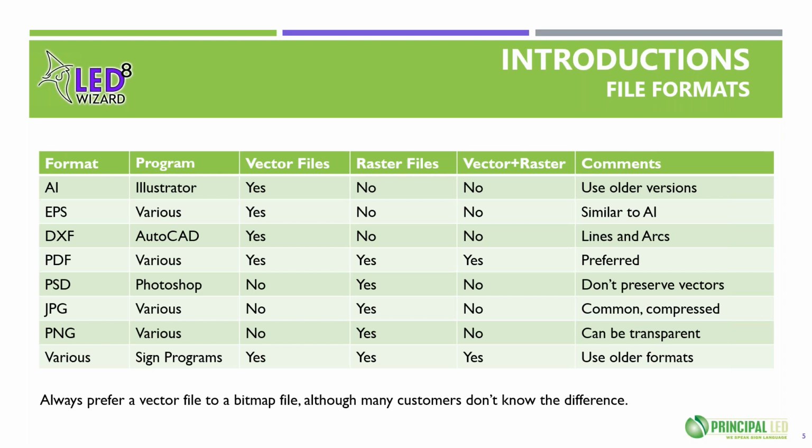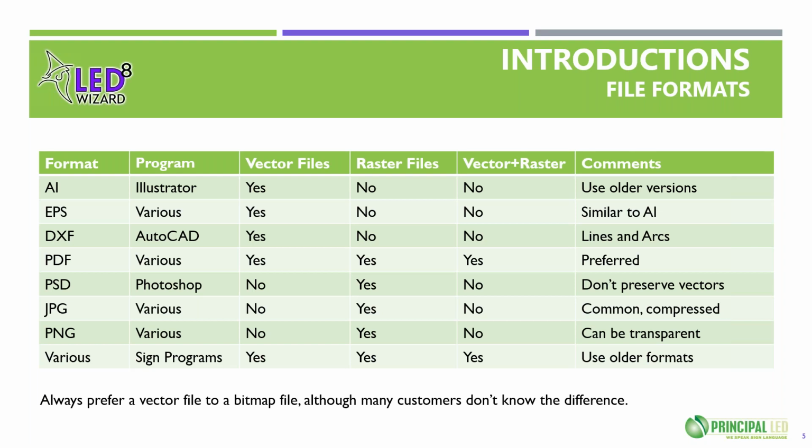PDF really is the preferred format and the most common format, partly because it supports vectors and bitmaps, right? You can have an image and you can have a vector drawing together in a PDF. But the flip side of that is sometimes you have a PDF and it doesn't have any vectors. It's just a bitmap, and you may think that it's a vector file, and it may not be.